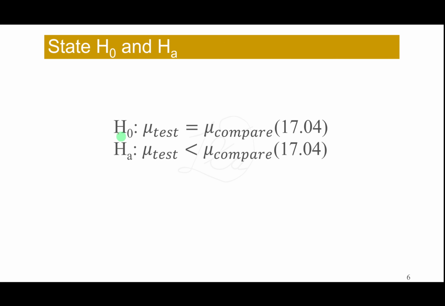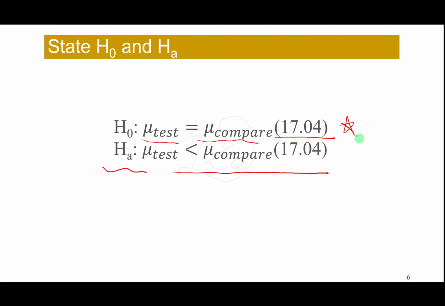In the first step, we state the null hypothesis as mu test equals mu compare, which equals 17.04. And the alternative hypothesis HA is mu test is less than 17.04. In this hypothesis testing, we will find if we have enough evidence to reject the null hypothesis.